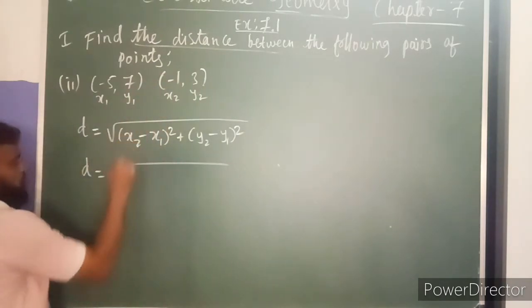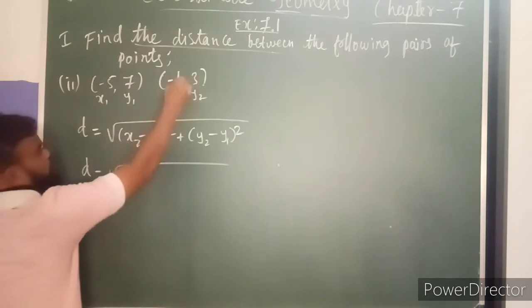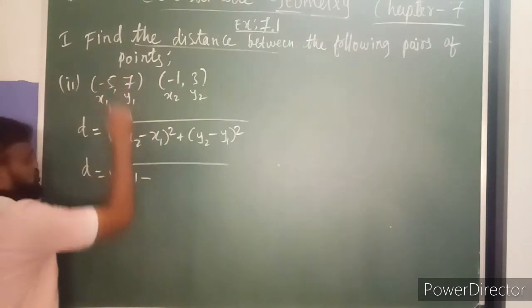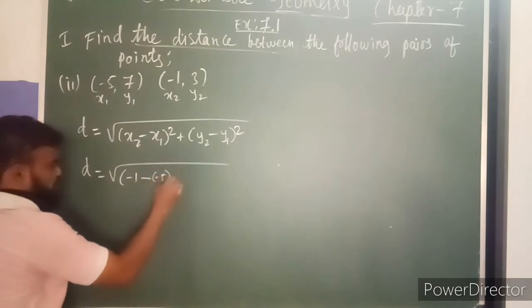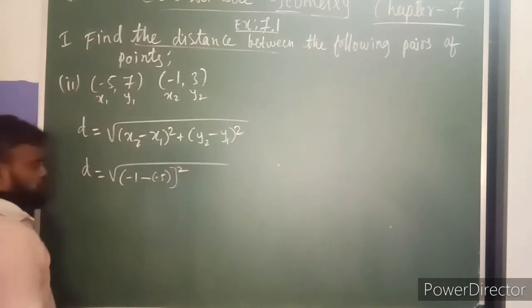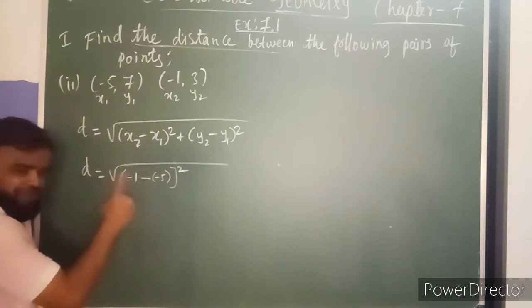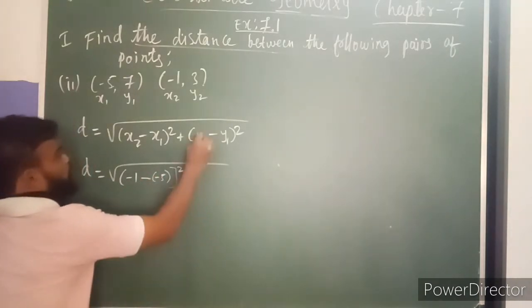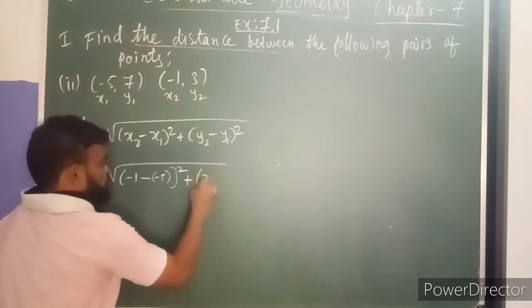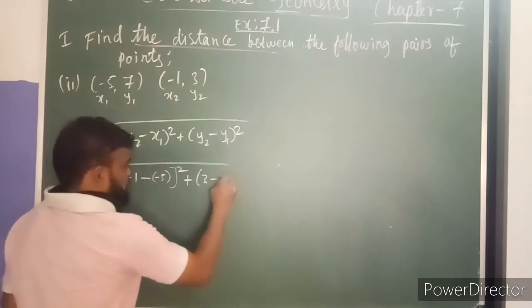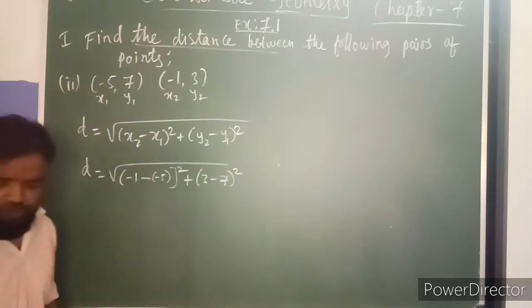What is x2? x2 is minus 1. And x1 is minus 5. We cannot put minus 5 like that in the whole square, we have to put it in a bracket. Plus y2 is 3 minus y1, which is 7, whole square. Did you understand?